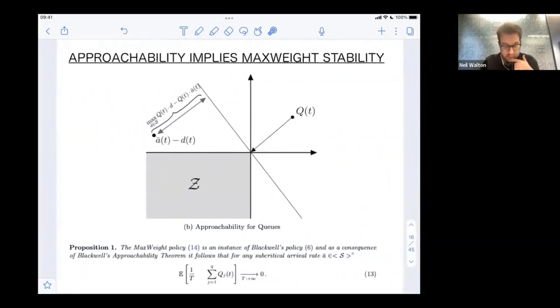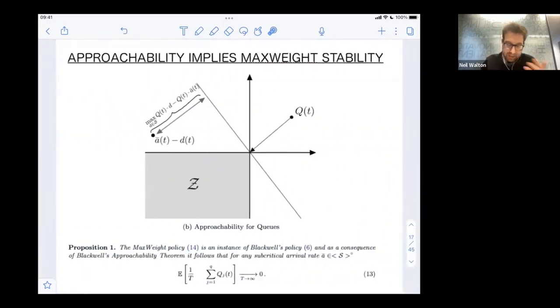What we argue in the paper is that the reason it has these nice stability properties is because it's an instance of this adversarial Blackwell approachability theorem. Again, you can take your queue size vector, and you want the queue sizes to be small or negative, over here. What you can argue is that what the max weight decision is always trying to do is maximize the gap over this hyperplane after we project.